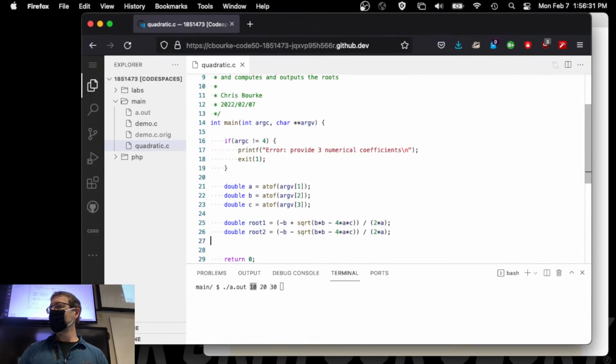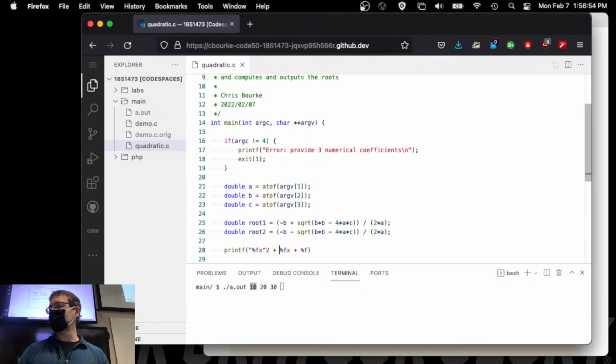Good. Let's print those out. Printf. I'm going to print out the full quadratic equation. So here's my first coefficient, %f, x squared, plus my second coefficient, %f, x, plus my third coefficient, which is going to be %f, and then that's the end of it, right?